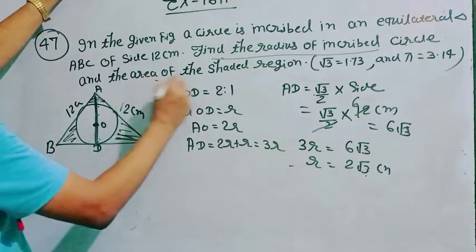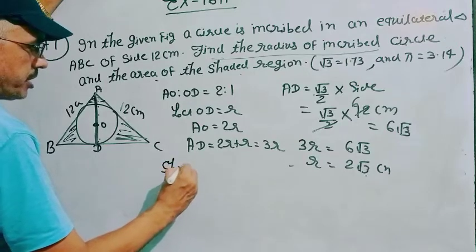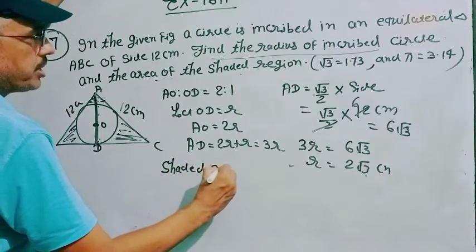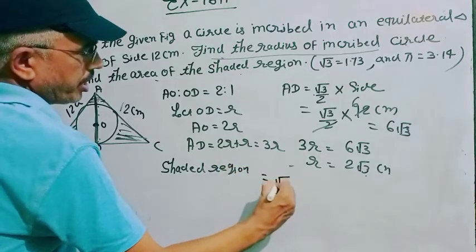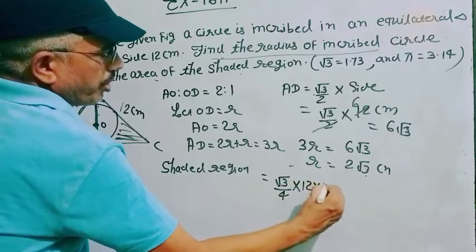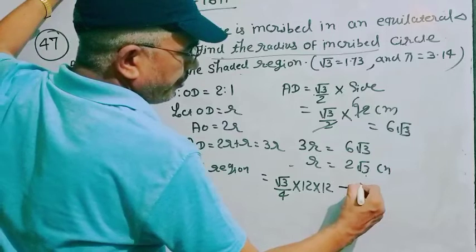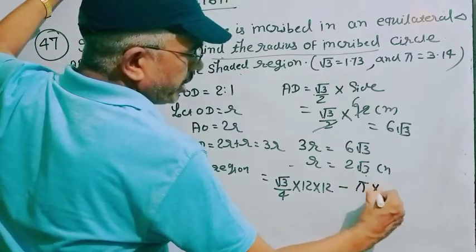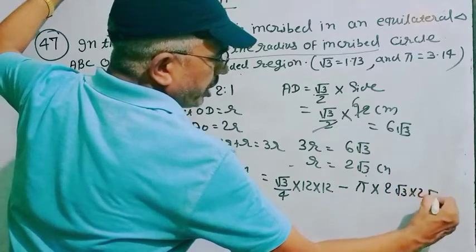After that, find the area of the shaded region. So the area of the shaded region is equal to the area of the equilateral triangle, that is root 3 by 4 into a square, minus the area of the circle, that is pi into 2 root 3 into 2 root 3.